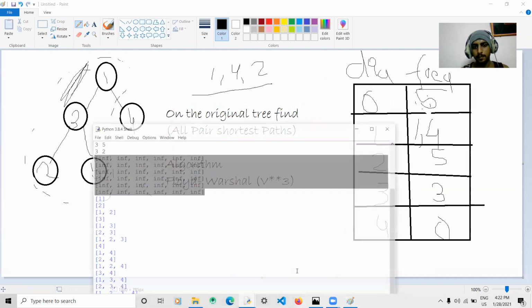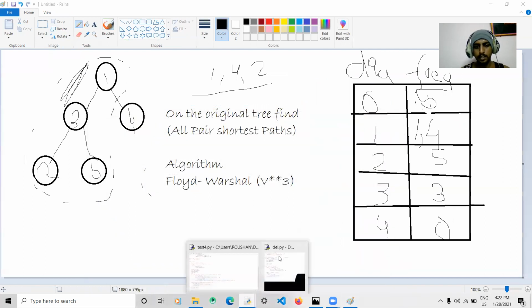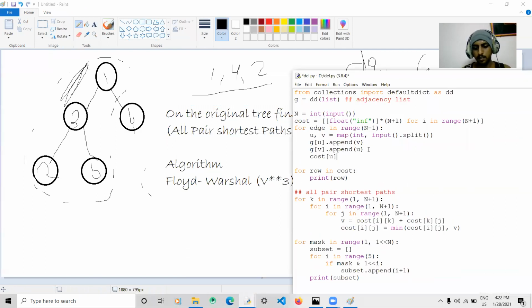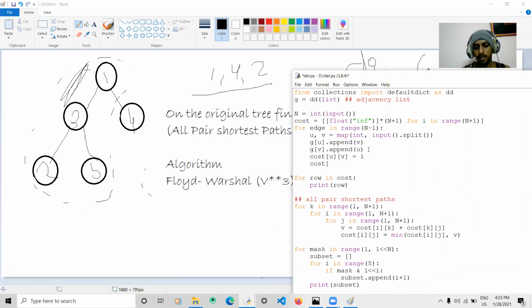So while we are making our tree here we can also fix the cost. You can say cost uv is 1, and cost vu is also 1.